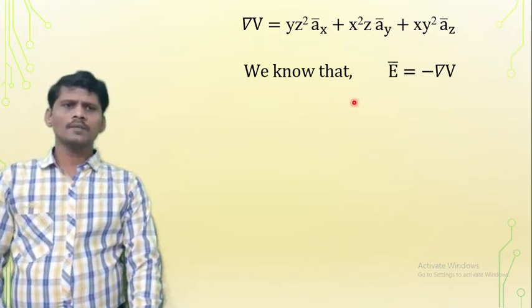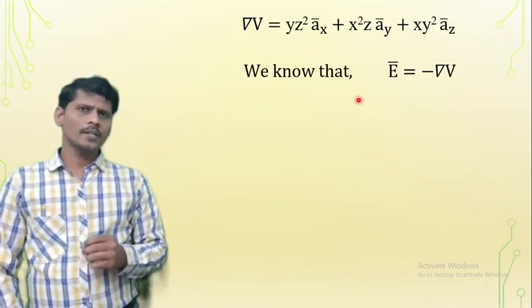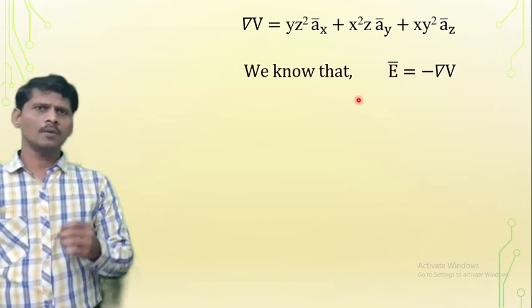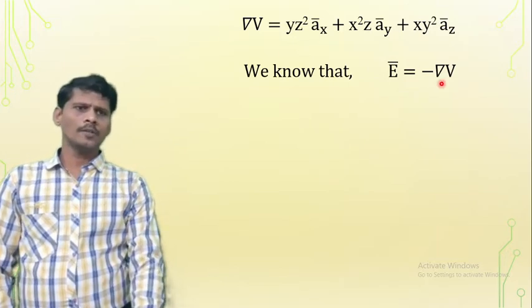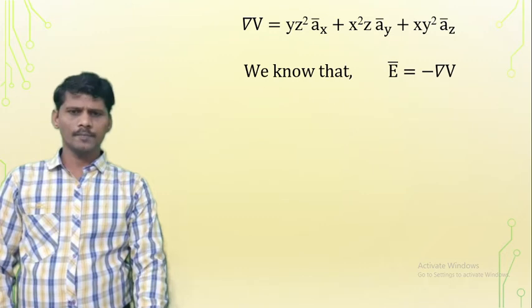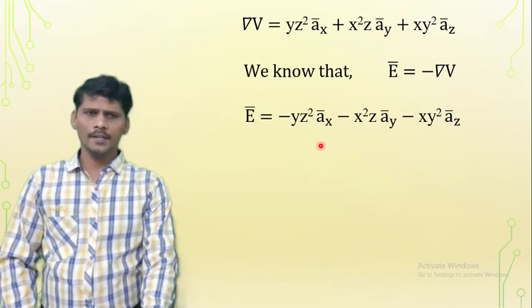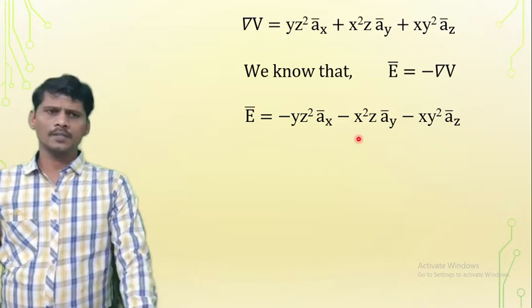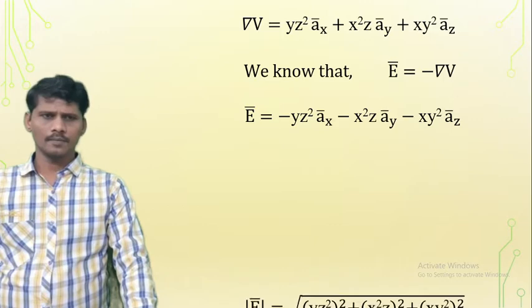So we know that the electric field intensity is the negative gradient of the potential, that is E bar equal to minus del V. Substituting the del V value into this equation, we get E bar equal to minus yz square ax bar minus x square z ay bar minus xy square az bar.